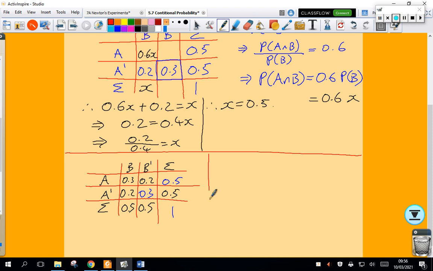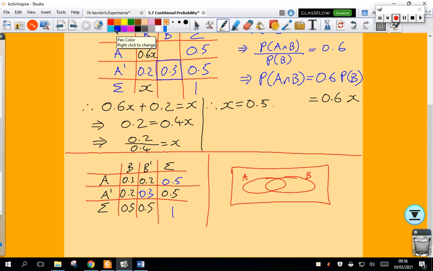What would my corresponding Venn diagram look like? Well, we have a big box for the universal set. We have a couple of loops in here, A and B. The intersection here is 0.3. Out here is the complement of the union. That corresponds to that cell, 0.3.